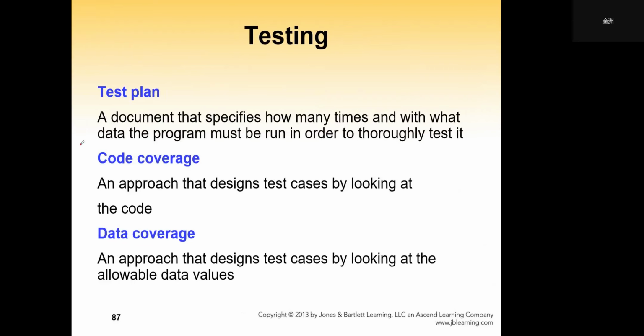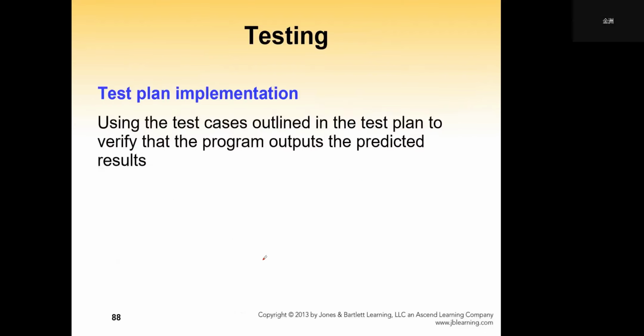So when we do the test, first we need to set up a test plan. That is a document that specifies how many times and with what data the program must be run in order to thoroughly test it. And then we need to design code coverage and data coverage. Code coverage is an approach that designs test cases by looking at the code, while data coverage is an approach that designs test cases by looking at the allowable data values from different viewpoints.